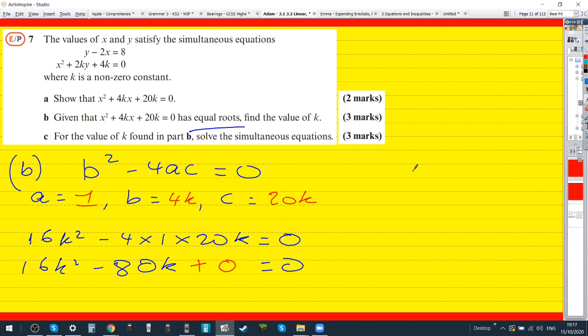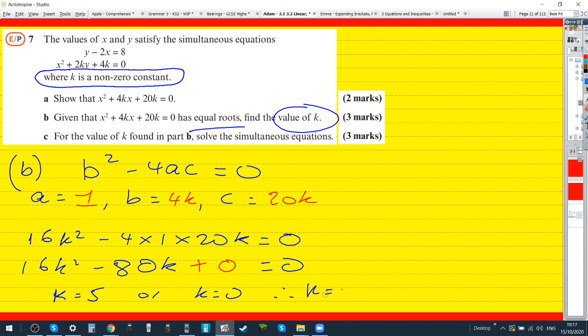So it'd be 16x squared minus 80 plus 0. Which x1 would be 5. x2 is 0. And it says value of k, so they want just one answer. Here it says where k is a non-zero constant. So you'd use 5.